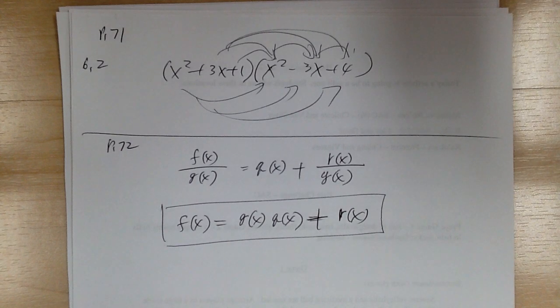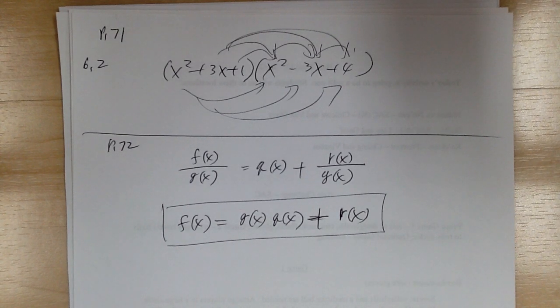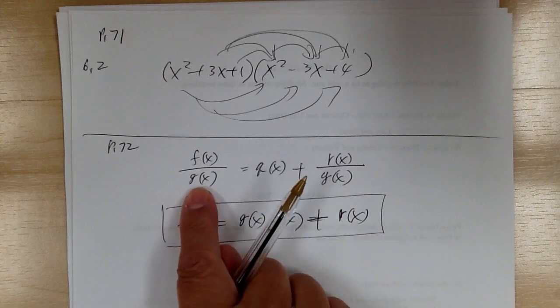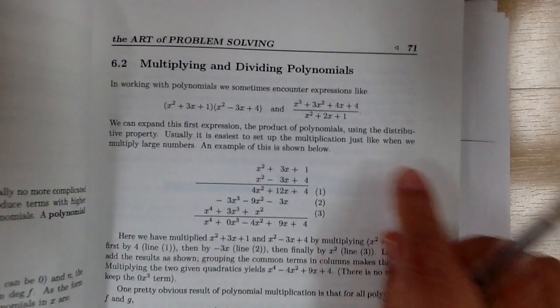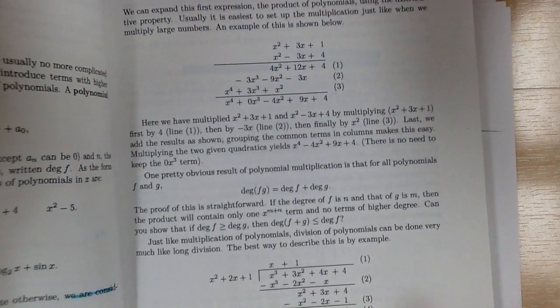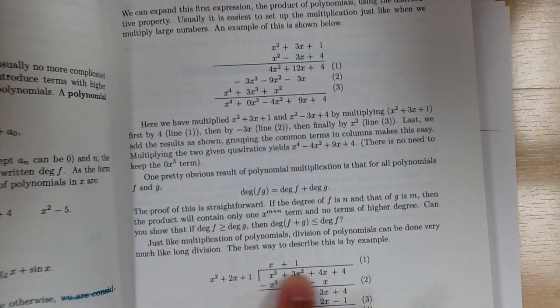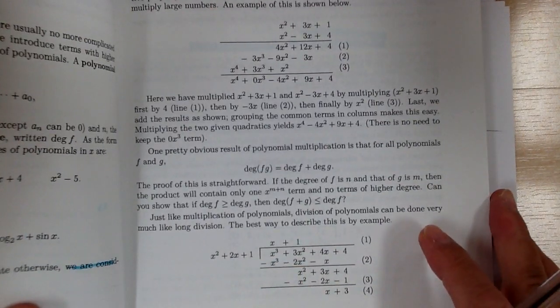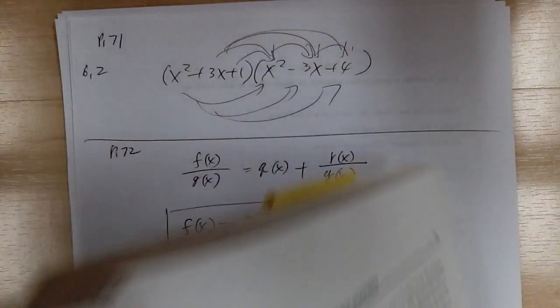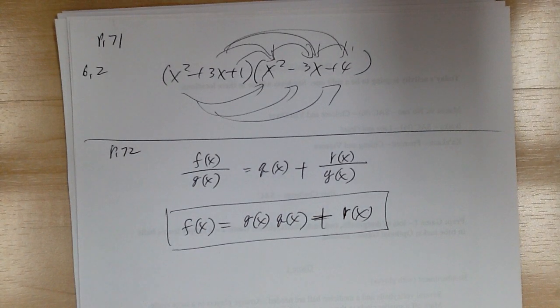Okay, now what we're going to do next is, when you're doing long division, if g of x, the divisor, is a polynomial like second degree, then most likely you have to use long division like this, okay. But if the divisor is linear, then you can use synthetic division.